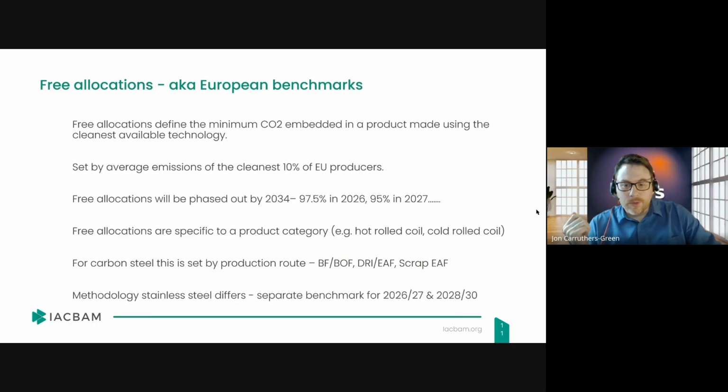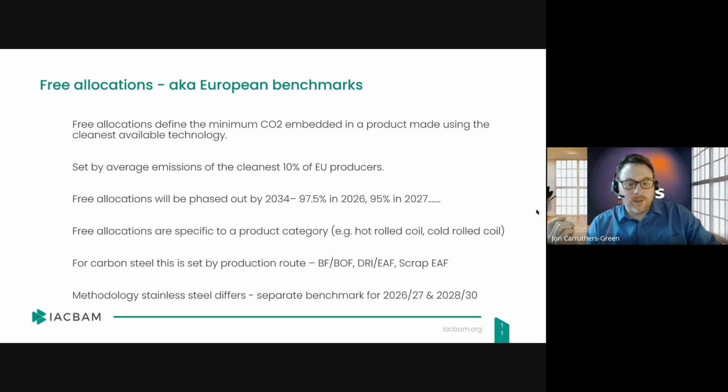Now, there was no real explanation as to why this had happened, but speaking to my colleagues in the office that focus on stainless steels in a lot more detail, essentially all of the stainless steel within Europe is produced via electric arc furnace. So essentially you can consider stainless steel being some of the cleanest steel used at the moment.